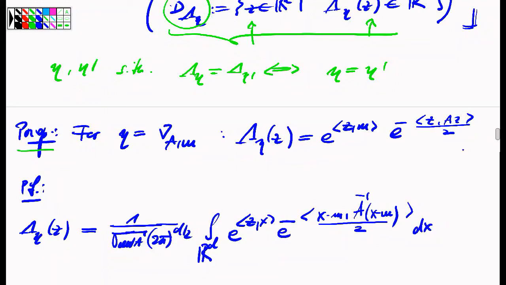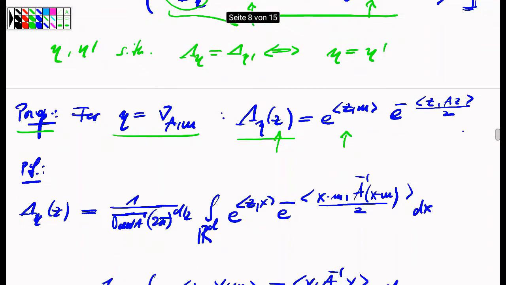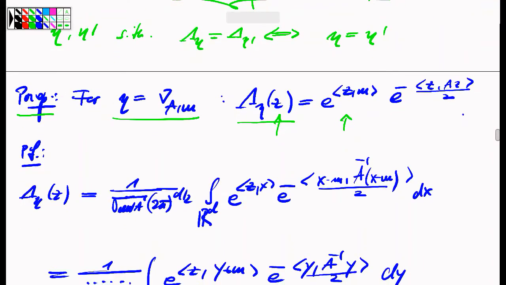So next proposition: given such a Gaussian measure with a covariance matrix A and an expected value m, then the Laplace transform for such an eta at a position z is the product of e to the z inner product with m times e to the minus z A z halves.